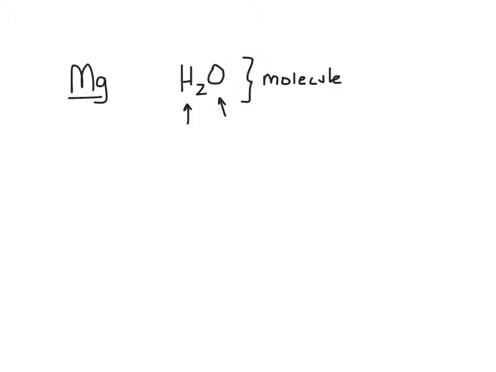But because there's more than 1 type of atom, it is also a compound. Okay? Magnesium by itself is an element, but it's also not a compound. It's an element, and it's not a molecule, it's just an atom. Okay? So that's the difference.